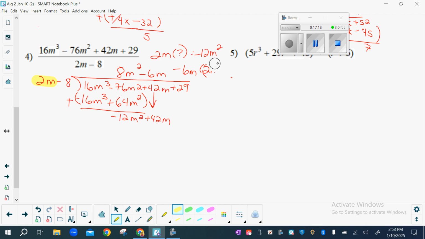Oh, yeah, better. The pen is lagging. I don't know if it's the internet or what. Okay, so now we need to multiply. Yeah, you're right. I need to put it over here.